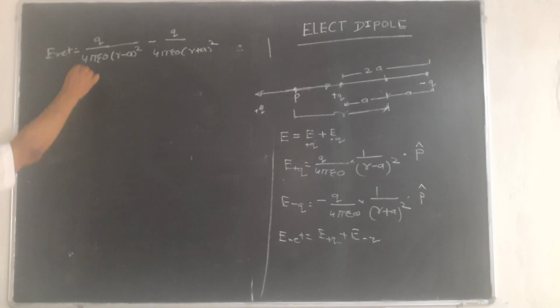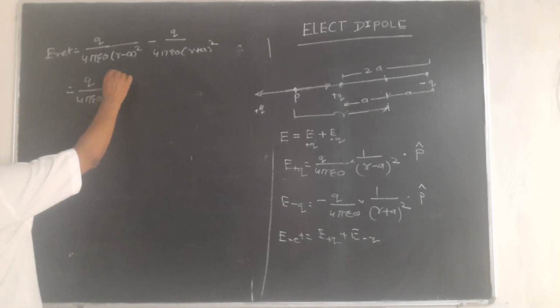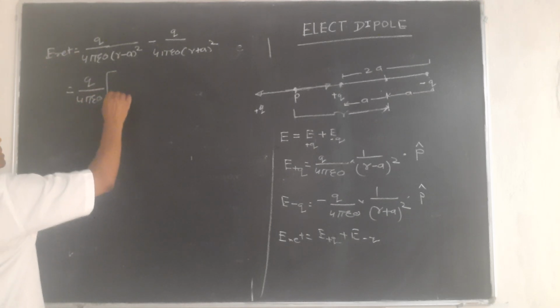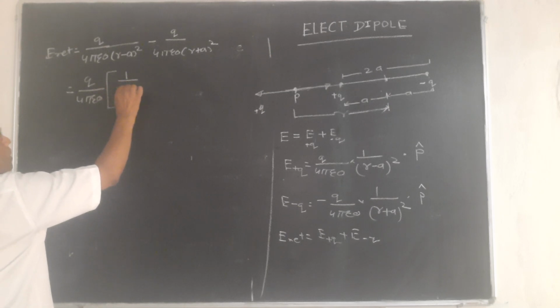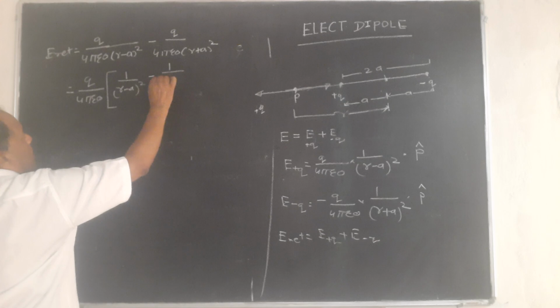We take the common Q upon 4 pi epsilon naught, and we get 1 upon (r minus a) square minus 1 upon (r plus a) square.